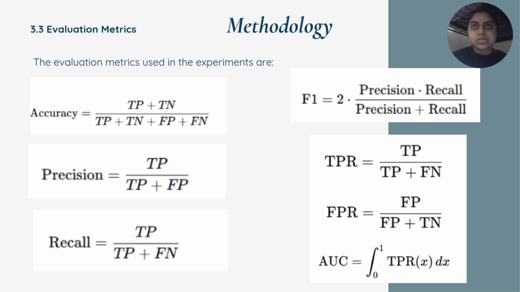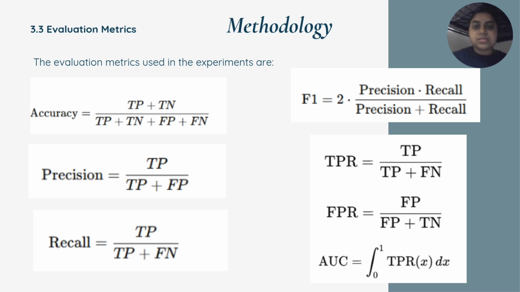Secondly, precision is the proportion of correctly predicted positive instances among all predicted positives. And recall, also known as sensitivity, measures the ability to identify positive instances.